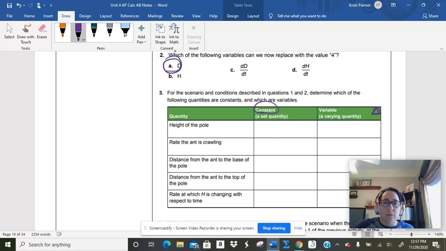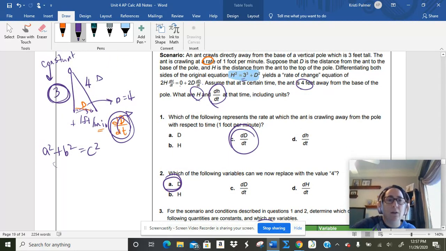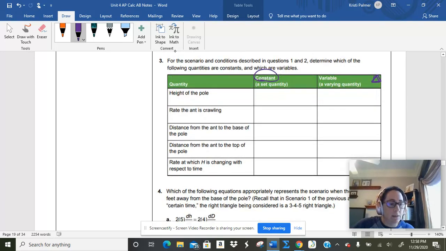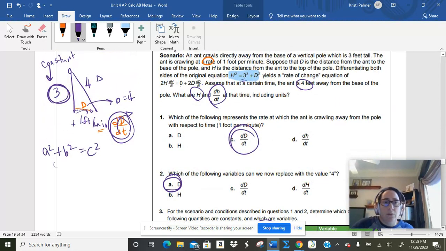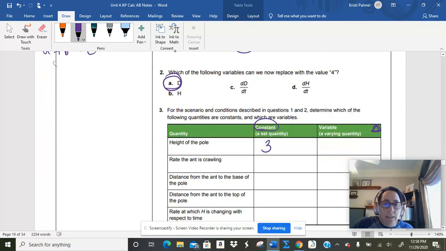So the height of the pole, from what we just saw up here, is a constant, and that is 3. The rate that the ant is crawling, they told me, was a constant, dd dt. They said that it was crawling at a constant of 1.